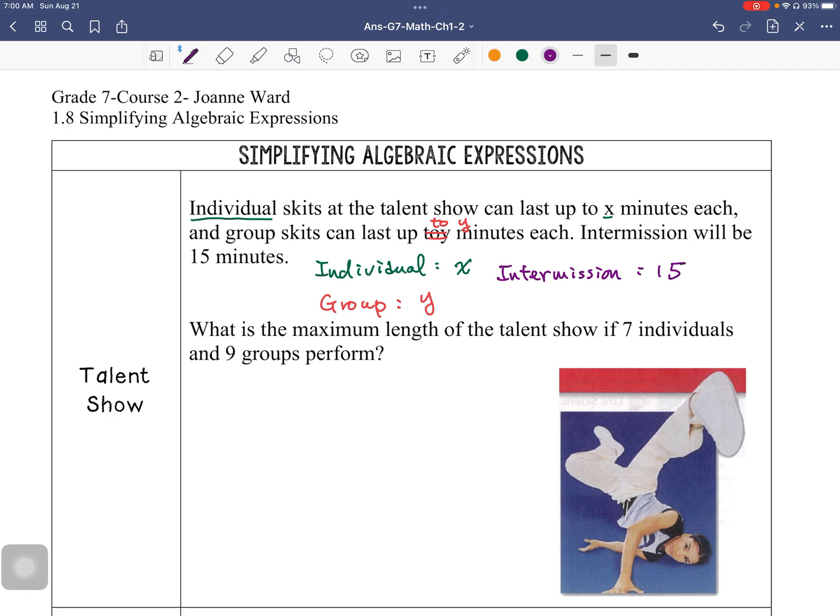So what is the maximum length if 7 individual and 9 group acts perform?